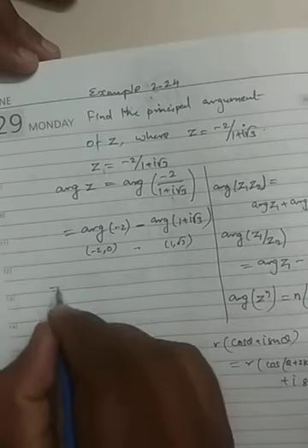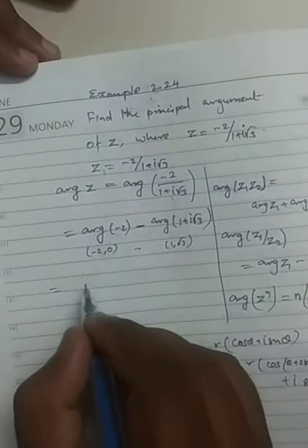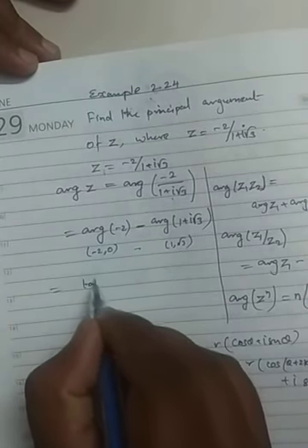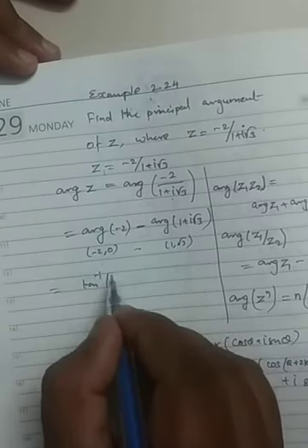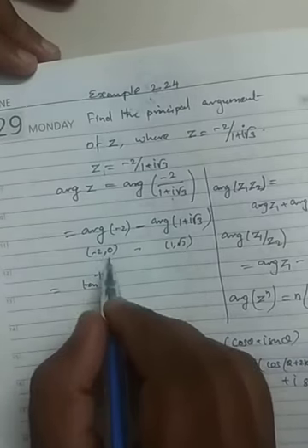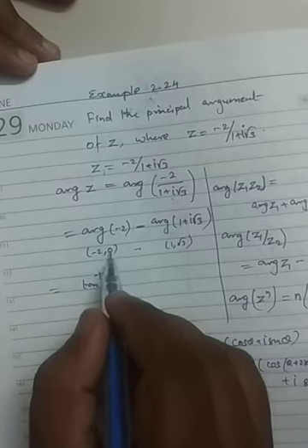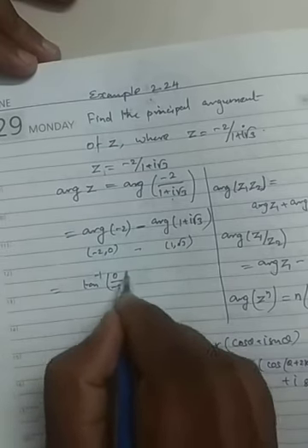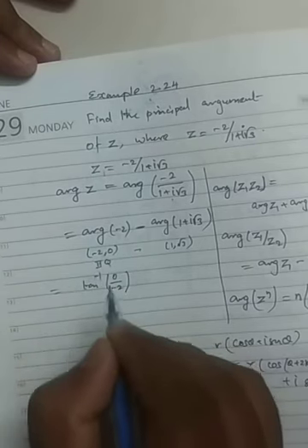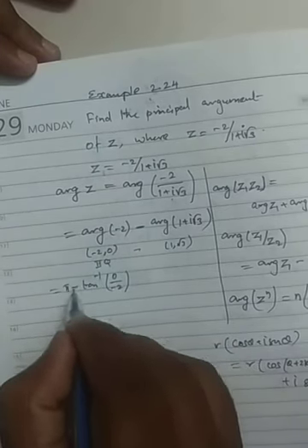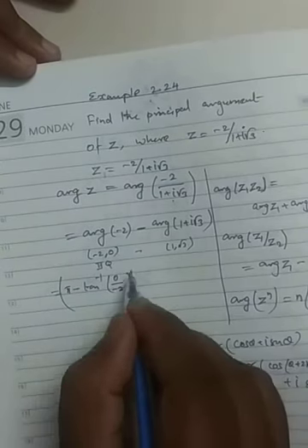Now what are you going to do? What is the formula? Tan inverse of y by x. Here y is 0, so tan inverse of 0 by -2 will come. Since it lies in the second quadrant, it is pi minus alpha, so pi minus this value will come.